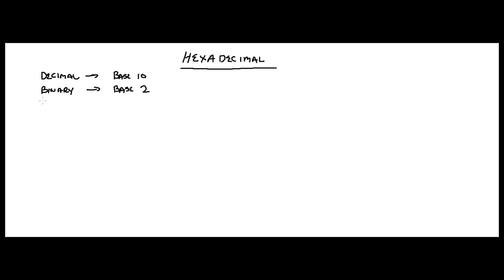Now, hexadecimal. Sometimes that is referred to as hex. I use that term a lot. That's why I'm letting you know. Instead of saying hexadecimal, I just might say hex. But anyway, hex or hexadecimal, base 16.